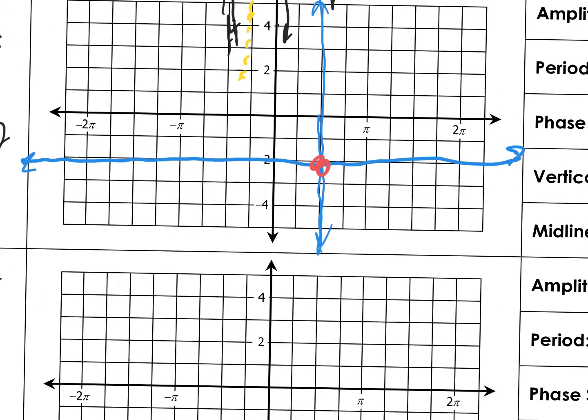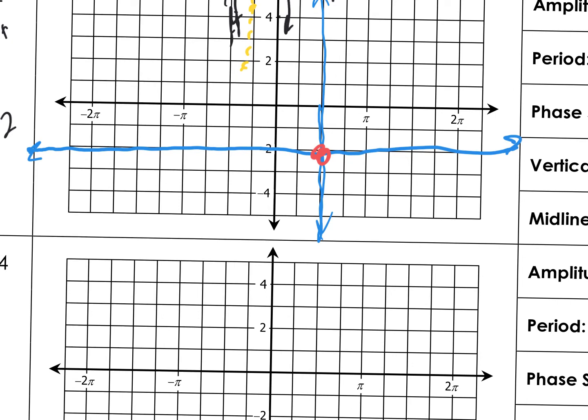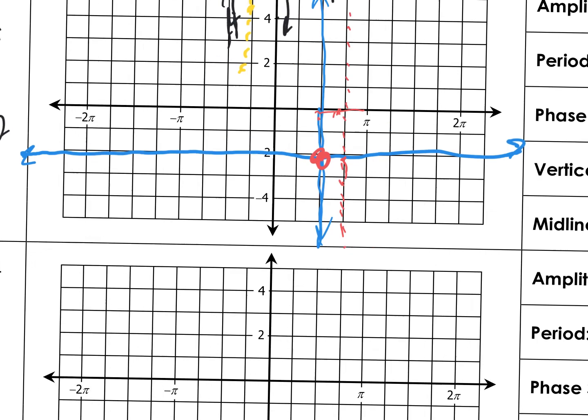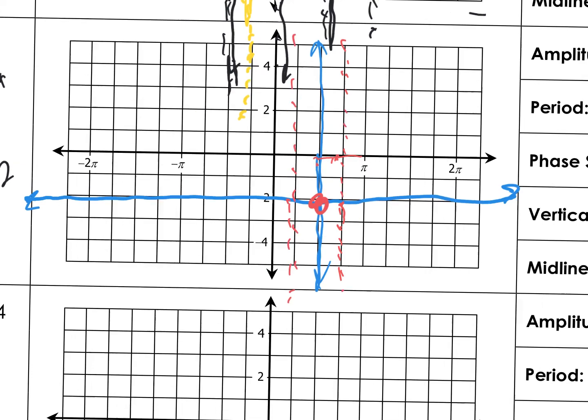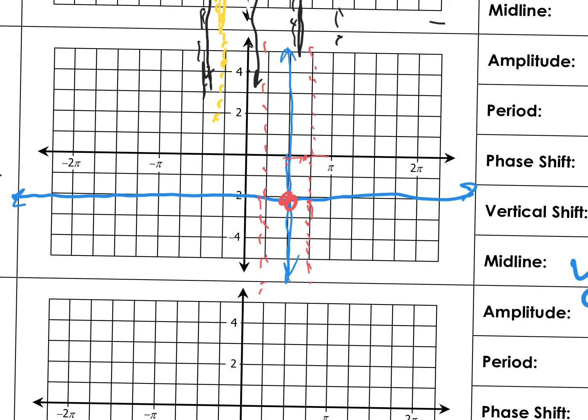So the distance between pi over 2, see, that distance here is pi over 2 right here. Half that distance is 1 tick mark. So I got to go 1 tick mark over, and 1 tick mark over. That gives me a period of pi over 2 starting here.